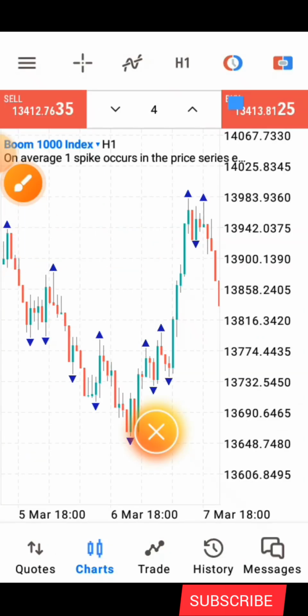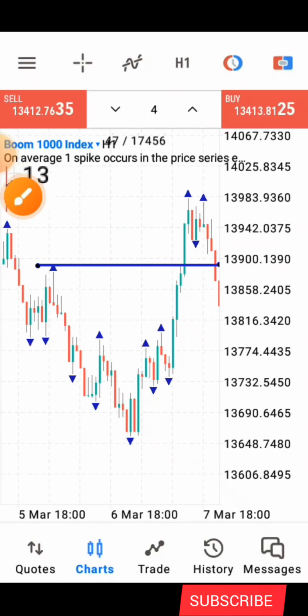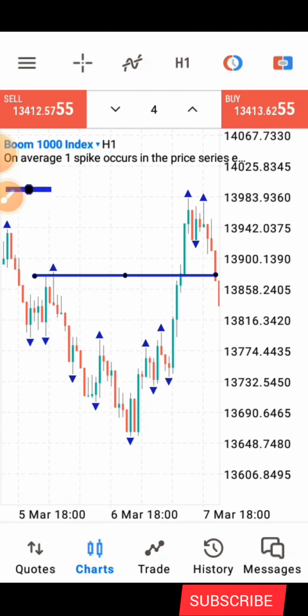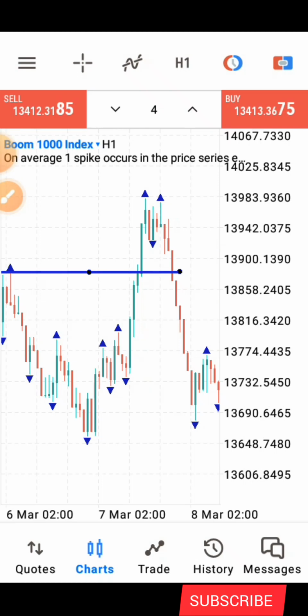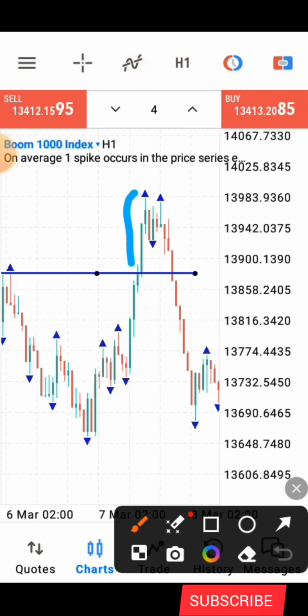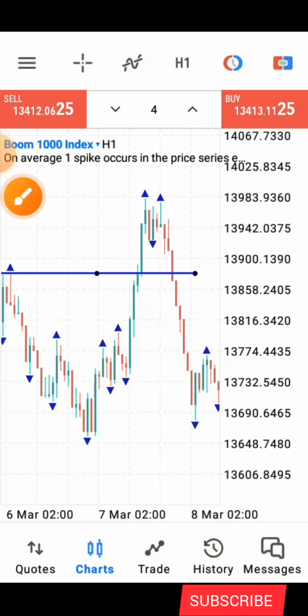This is the most recent structure, and when price came down and closed below it, you can see how it went down. You can see how it went up, faked out, came in, closed in, and then you aim for this structure and you will be good to go.